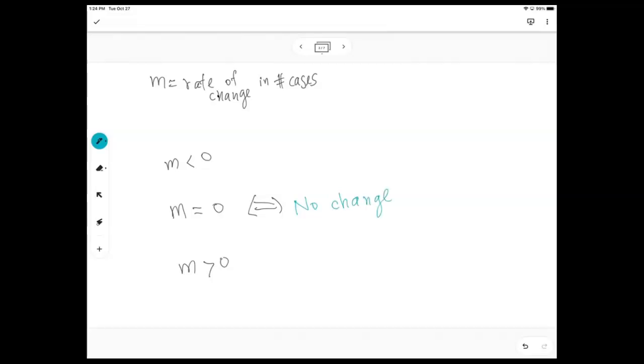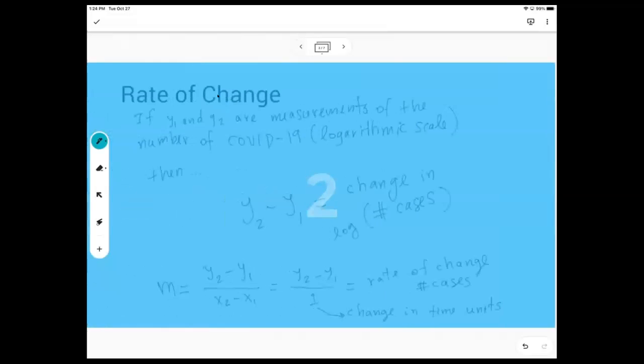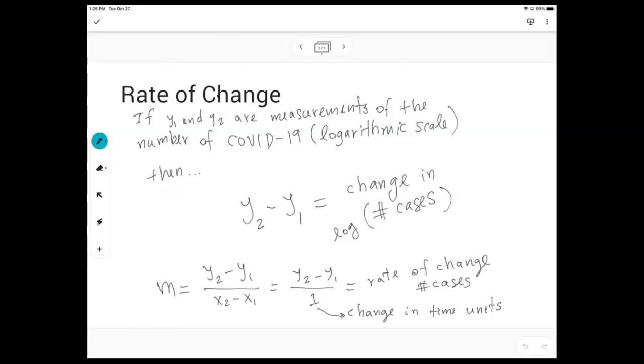When cases are basically the same number and you're looking at differences in cases, if y2 is the number of cases on a particular day and y1 is the number of cases in the previous time unit, the previous day, and you take that difference to be 0, then those two things are basically the same.